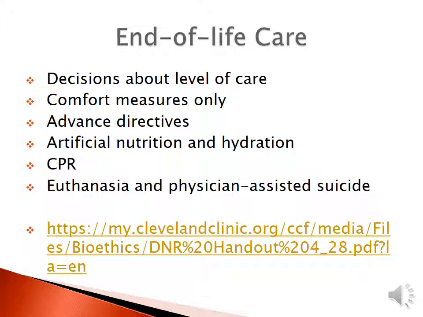A DNR order involves the patient, family, physician, and nurse. Again, the link I provided gives some examples of DNR orders that you will encounter. In your practice, you will need to know what the abbreviations stand for. You do not need to know them for the testing in community health.